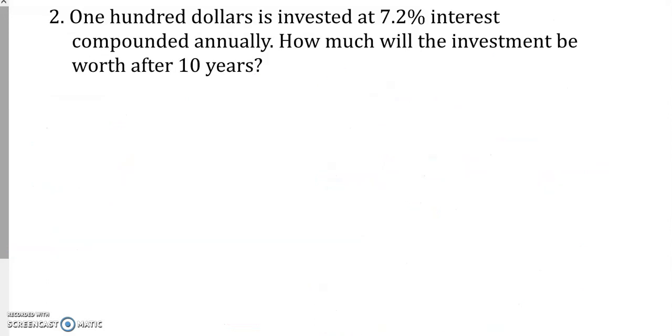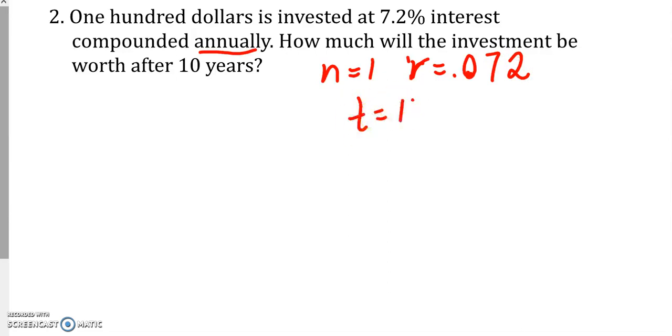If we simply take a look at this, you have $100 invested at 7.2% interest compounded annually. So just make sure you understand N is 1, R is 0.072, because that's how you write it, and T is 10. P is 100, and now simply plug it in.